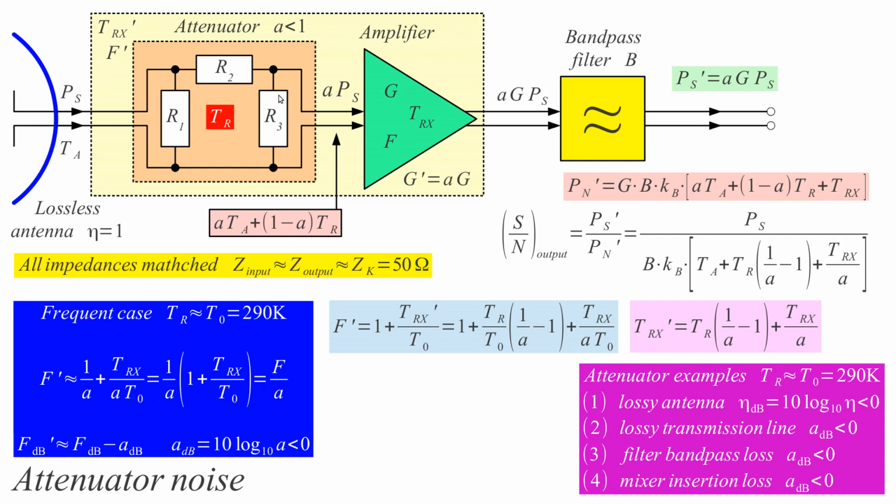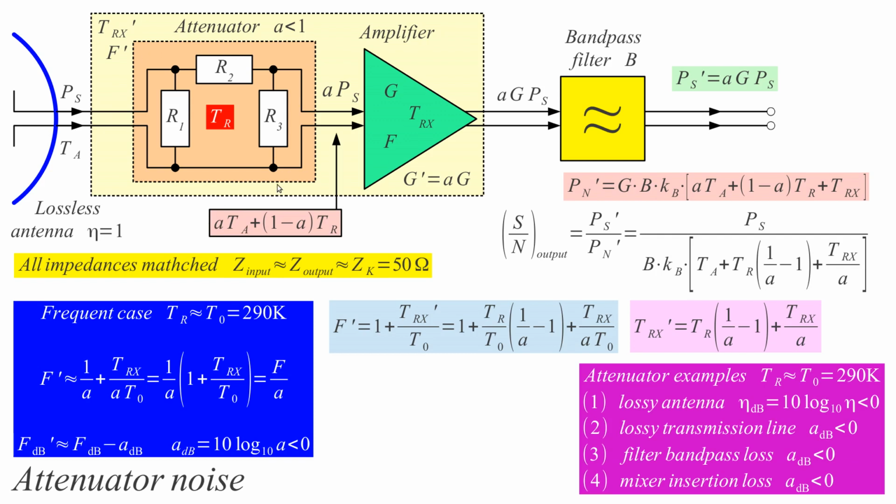So the signal gets attenuated. This attenuator also attenuates the noise temperature coming from the antenna. This antenna noise temperature is also attenuated by the attenuator. But the problem is that this attenuator is also radiating its own noise.